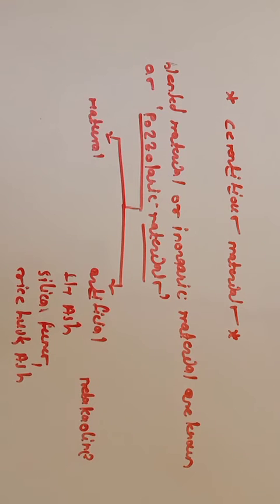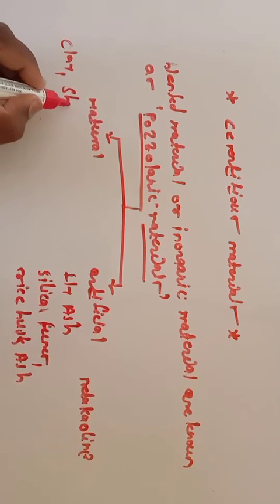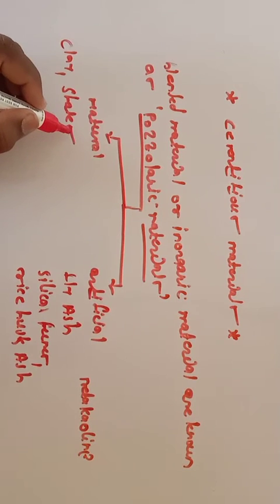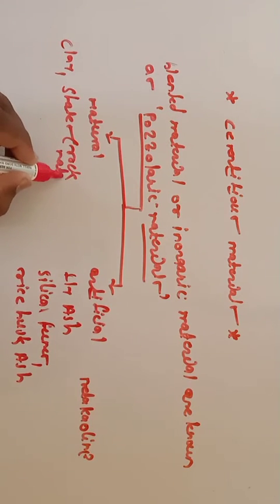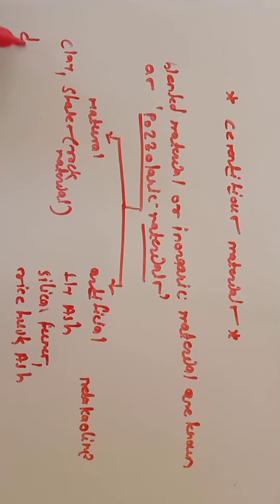Second, if you consider the natural ones, then it is clay, shells, which is nothing but rock material, and then another one is diatomaceous earth.